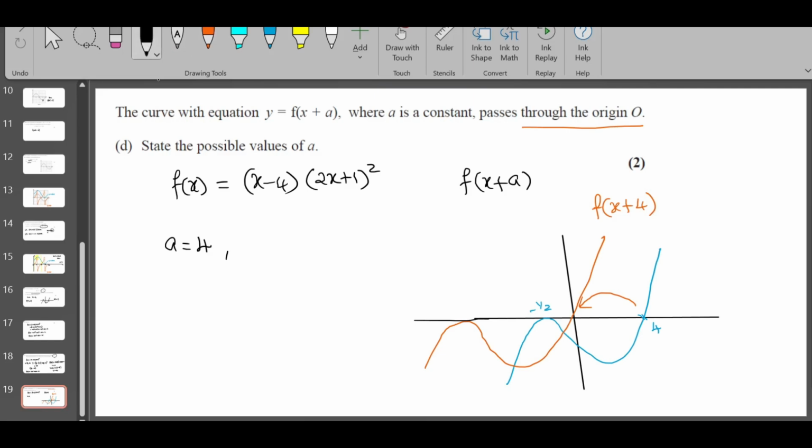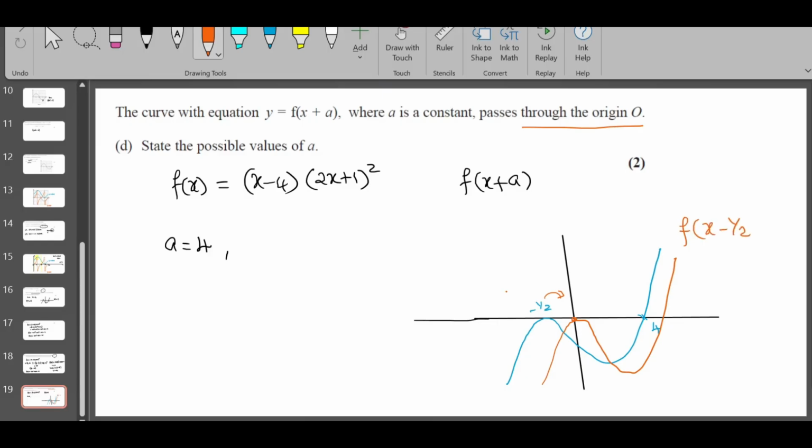Or you can move the graph to the right side half unit. So you will get this graph. It will pass through the origin and the function is f of x minus half. So a is equal to minus half. These are the two values. That's all.